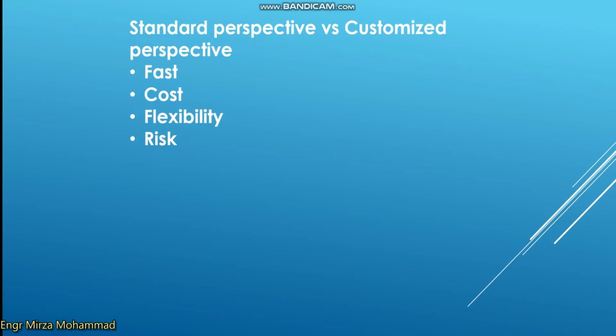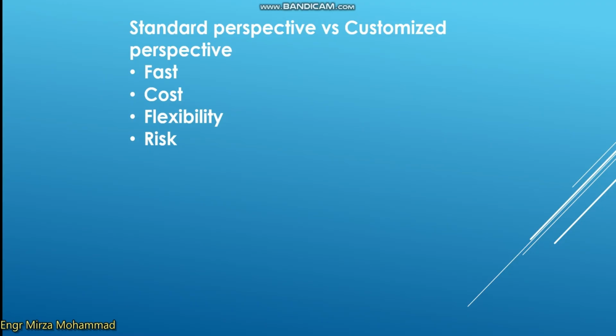If we think about the speed of the respective perspectives, we can see that the standardized approach is faster than the customized approach, because in case of the standardized approach we have already listed a set of rules and regulations according to which we can execute it. But in case of the customized perspective, we have to create and customize new sets of rules and regulations according to the project. So in this case we can say the standardized perspective gets the point.